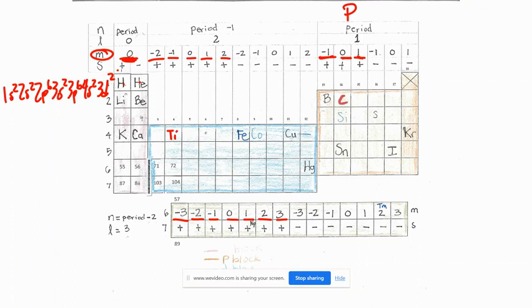So for each thing here, however many M options I have for that section is how many blanks I'm going to get. If I'm in an S orbital, it's going to get 1 blank. If I'm in a P orbital, it's going to get 3 blanks. That corresponds to these 3 orbitals.